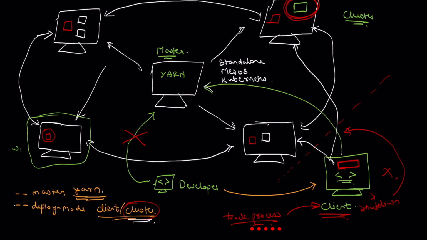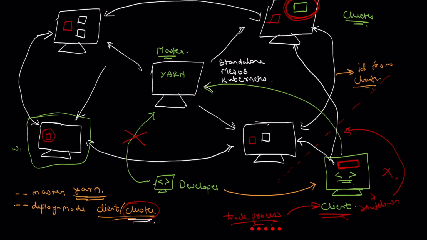In fact, we get an application id from the cluster, and we can connect using that id on the web interface and then check how many processes have been successfully completed or whether we are getting any kind of error. So we have to take an extra step while using the cluster mode to track the progress of our code.